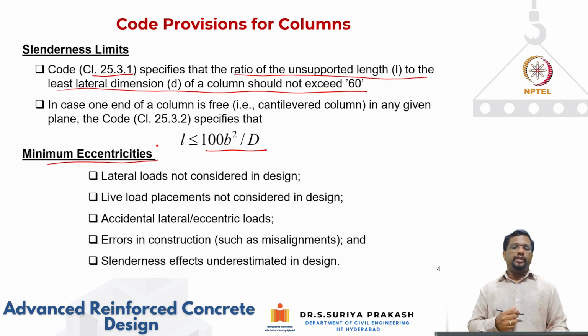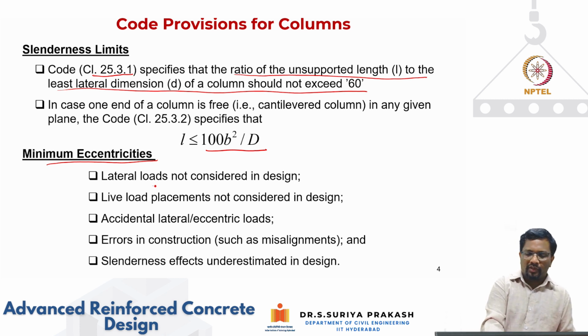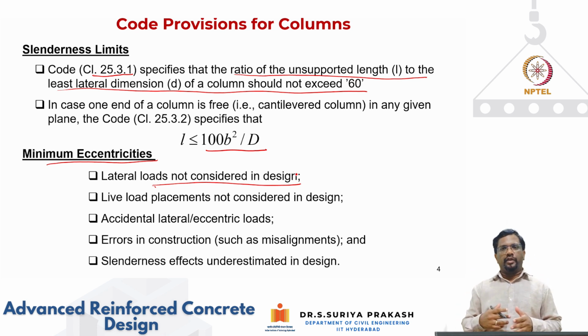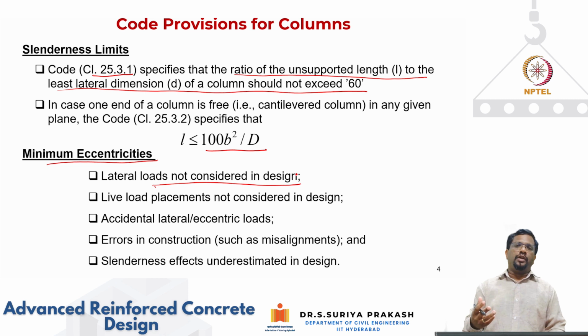Sometimes, if it is not considered in design, the designer may think that the loads are getting transferred as axial compression, but in practice you will always have some eccentricities of load transfer, so that has to be considered. Because of that, some additional bending moment will come.